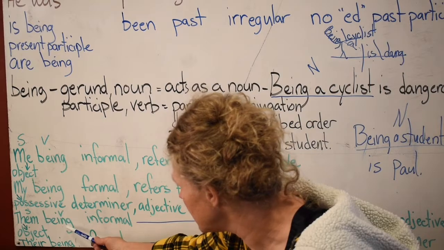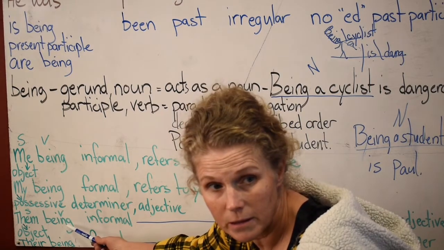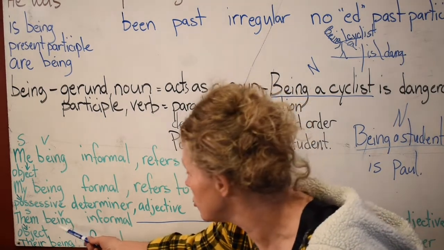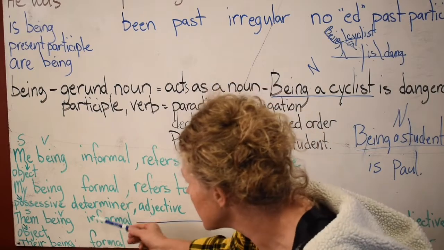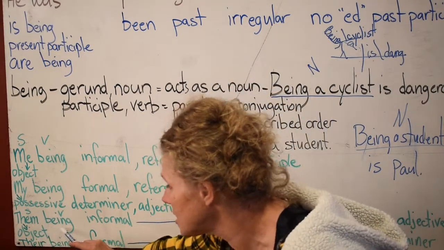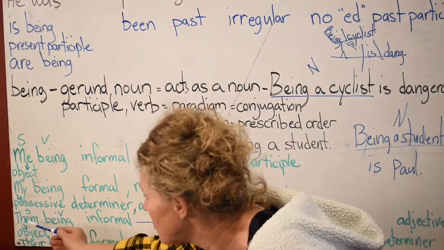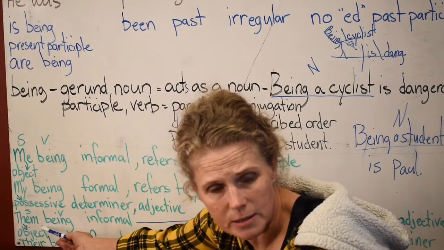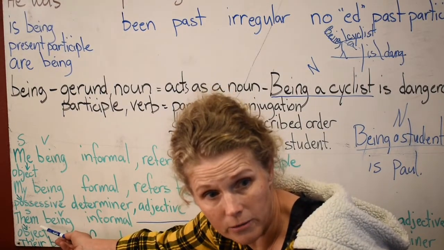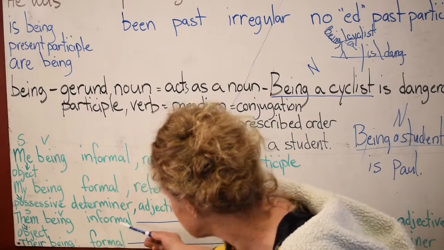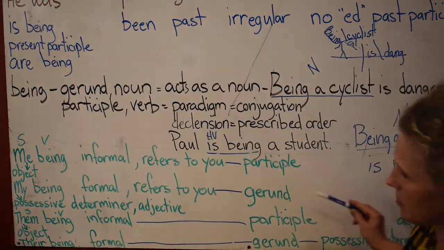But look at this. Them being. So now you can use them. It's completely informal. Now this can be a subject and a verb. But what kind of pronoun is this? This is an object pronoun. It's completely informal and it's a participle here.